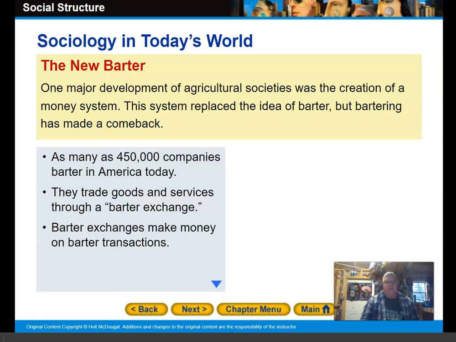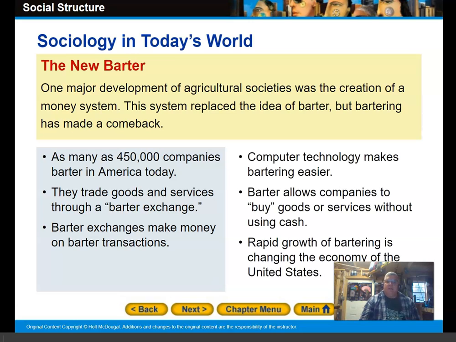A barter exchange makes money on barter transactions. With computer technology, bartering becomes easier. Bartering allows companies to buy goods or services without using cash. The rapid growth of bartering is a changing economy for the United States.